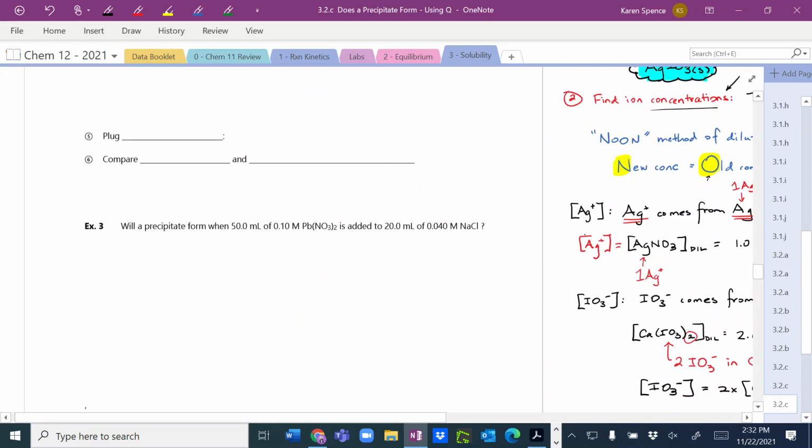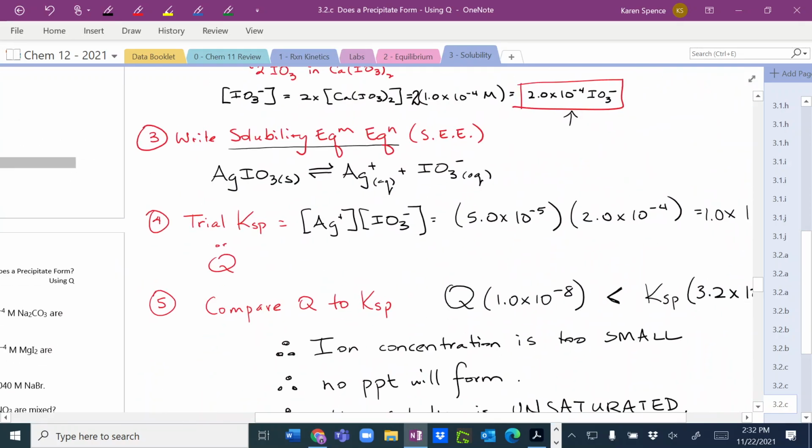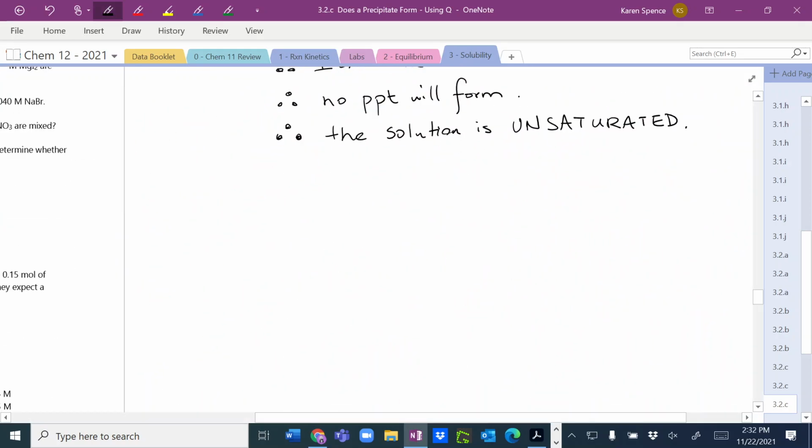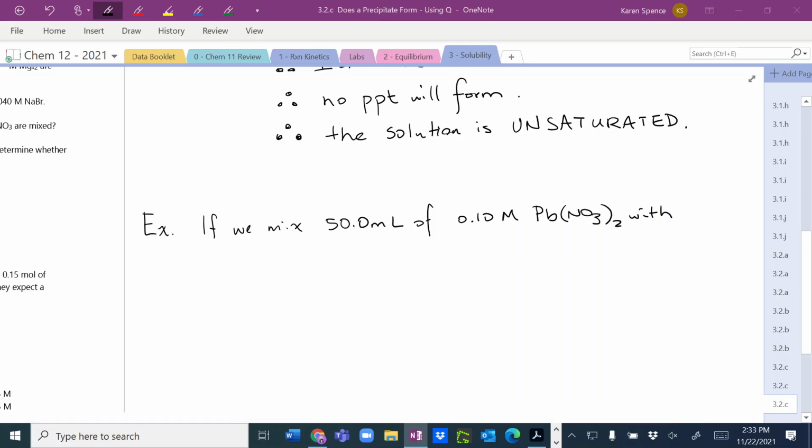So our second question, we have 50 milliliters of 0.1 molar lead nitrate. So let's see, what was our other one?